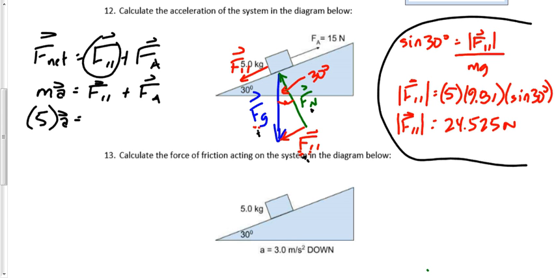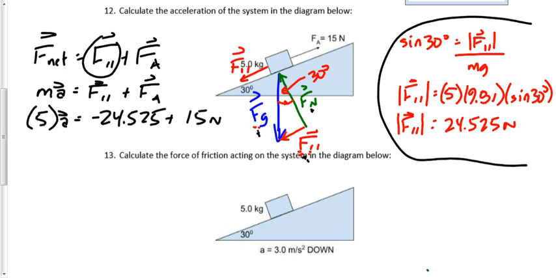But in this case, since we have that FA going up the hill, let's make it negative so that FA can be positive. If you did it the other way around, it would be okay. The force down the hill is positive, FA is negative. That would be okay, although it would be a little odd. I'm going to go with what you suggested, Carissa, and say F parallel is negative 24.525. And the applied force is 15 newtons. Does that make sense?